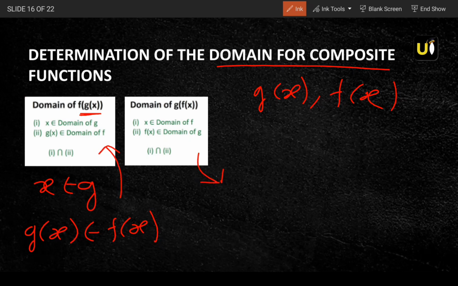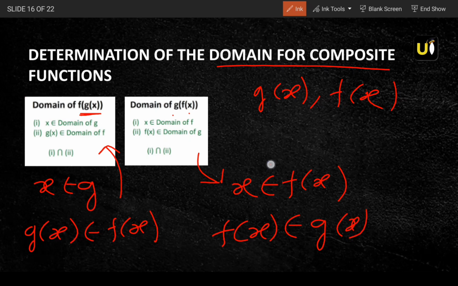Now for example, we are determining g of f of x, then x must be in the domain of f of x and this f of x function must be in the domain of g of x. Remember, this belongs to representing the domain of f of x and the domain of g of x. So these are the conditions for the domain for a composite function. Following these rules, we will determine the domain.